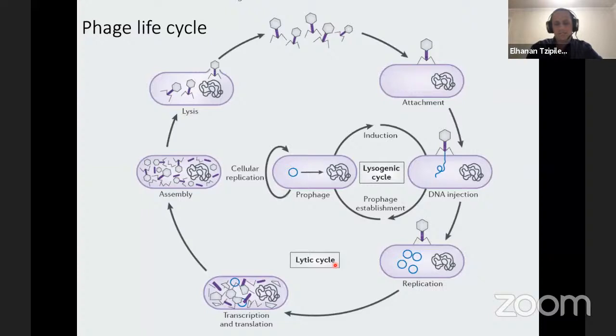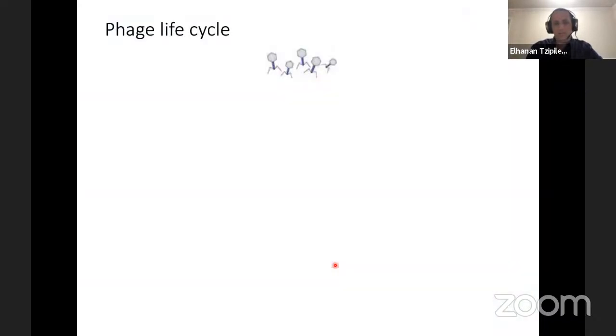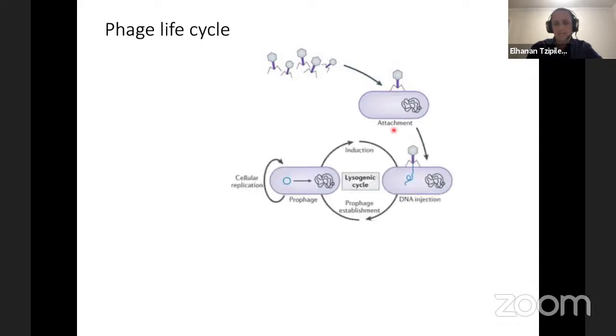And this is a phage life cycle, which I will go over briefly. Phages float in the environment until they encounter the host bacteria. They attach to a specific receptor on the host to inject their DNA. And then, in some cases, the DNA can integrate into the bacterial chromosome and replicate together with the bacteria, what's called a lysogenic cycle.